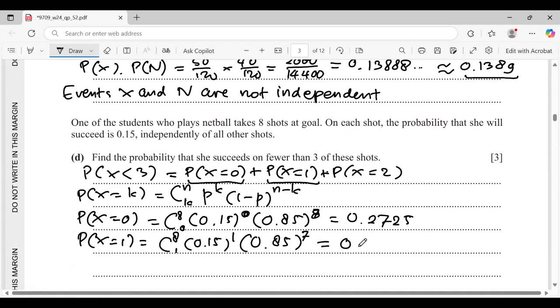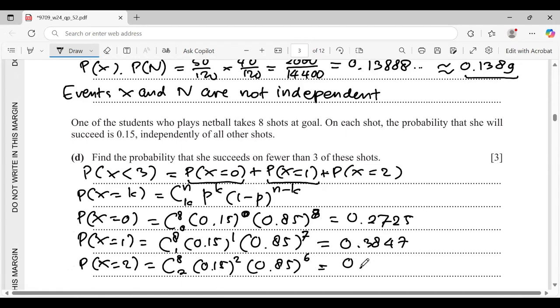And if you calculate, it is 0.3847. After that, X equals 2: the combination 8 choose 2, times 0.15 squared, times 0.85 to the power 6, and the result is 0.2376.